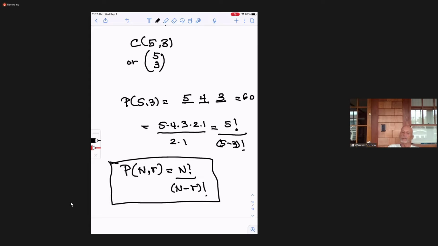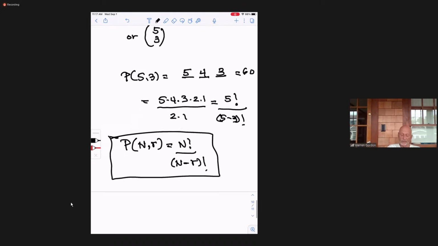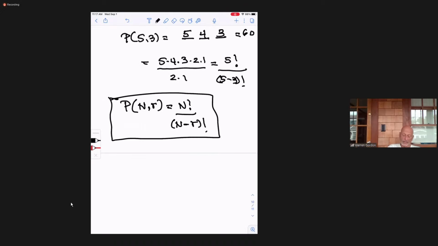Now that's not a really impressive formula. I want to point that out. But there are some people who like formulas. By the way, notice I could have written this also, if I did the cancellation, as n times n minus 1 times n minus 2 times up to n minus r plus 1.